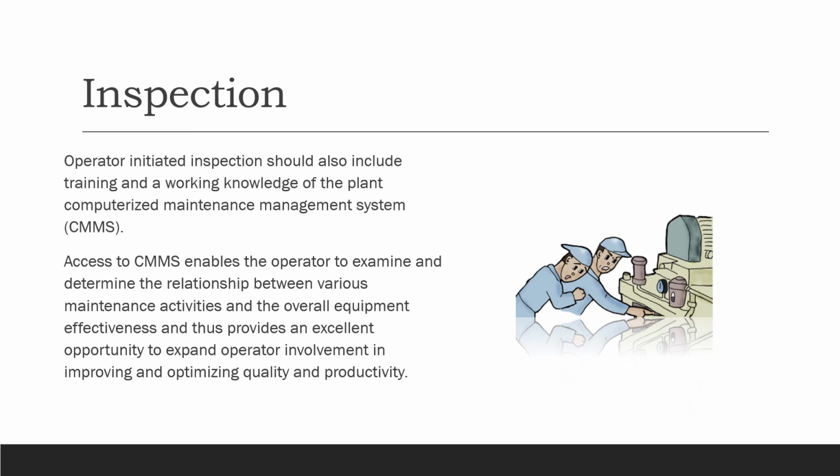You always find one in the production plant. This CMMS is going to help everybody examine and determine relationships, and we use it to improve and optimize quality and productivity. Manufacturing is nothing but productivity and quality, and we do everything we can to achieve that.